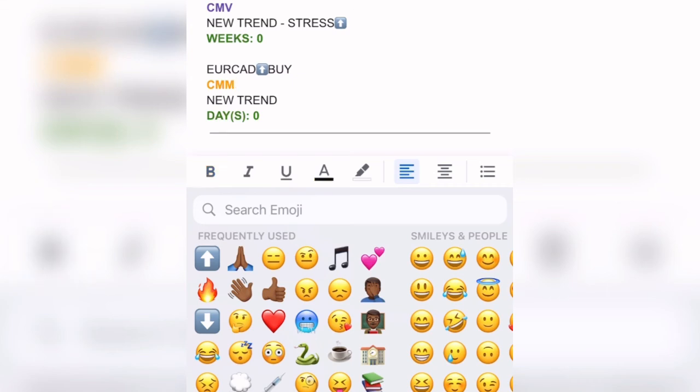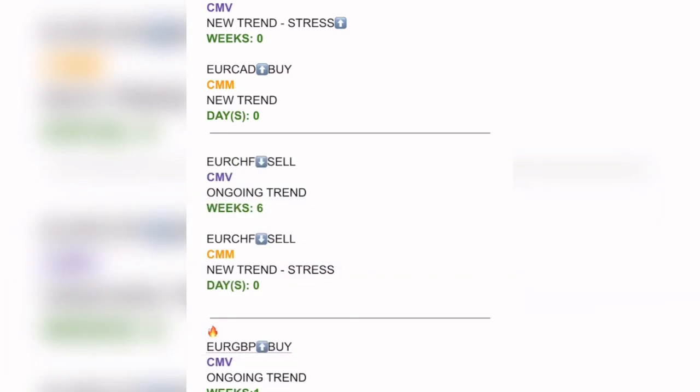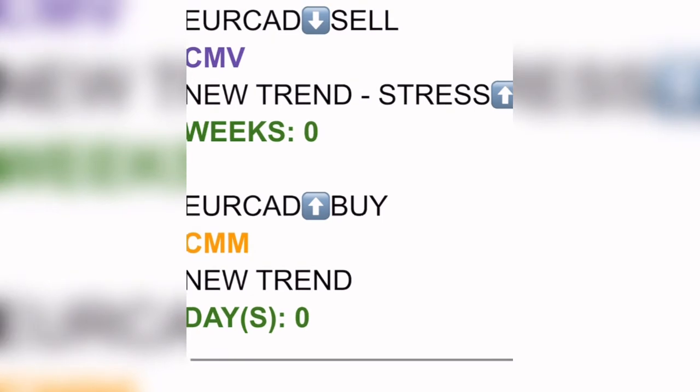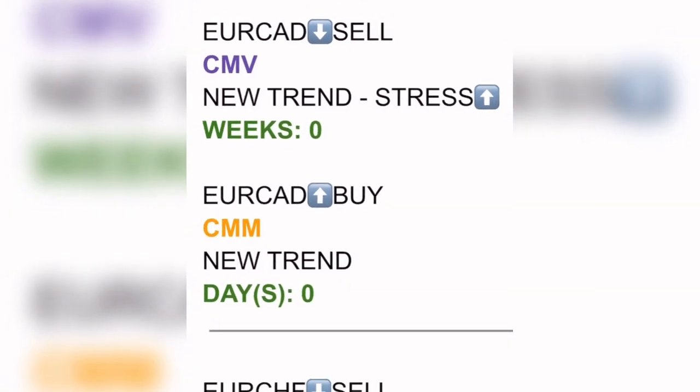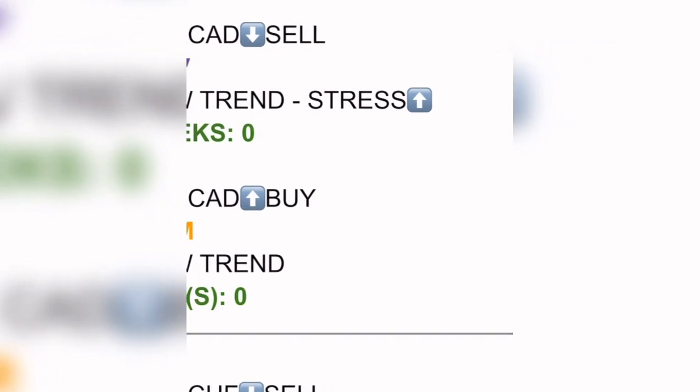So you see that? If we look at this Euro Canadian, we see that the trend is a sell. The position is a sell, current market value. But the stress will always be opposite. You get that? The stress will always be opposite of the current position that you're in.